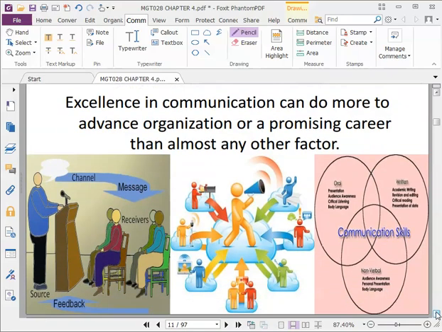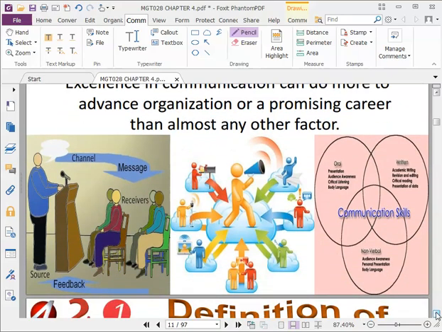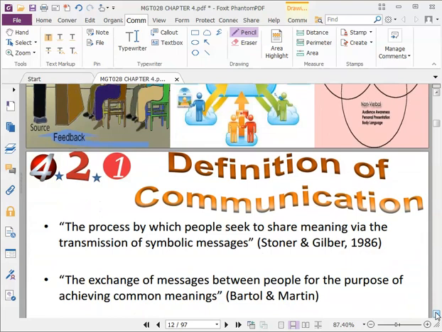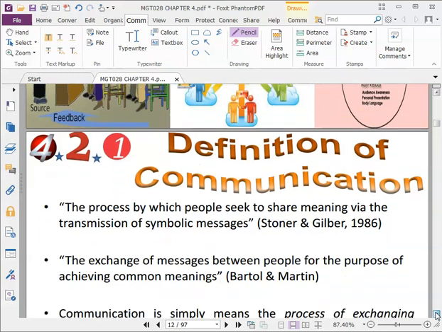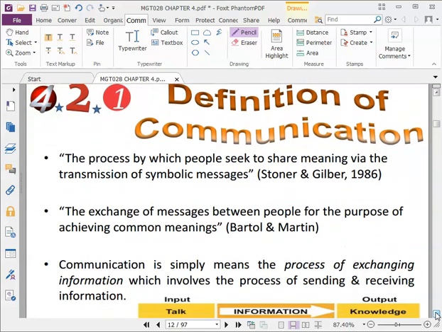So apa yang kita akan belajar dalam communication, subtopic pertama is the definition of communication. What is the definition of communication? It is all the definitions from persons that buat kajian ataupun research berkaitan dengan communication.